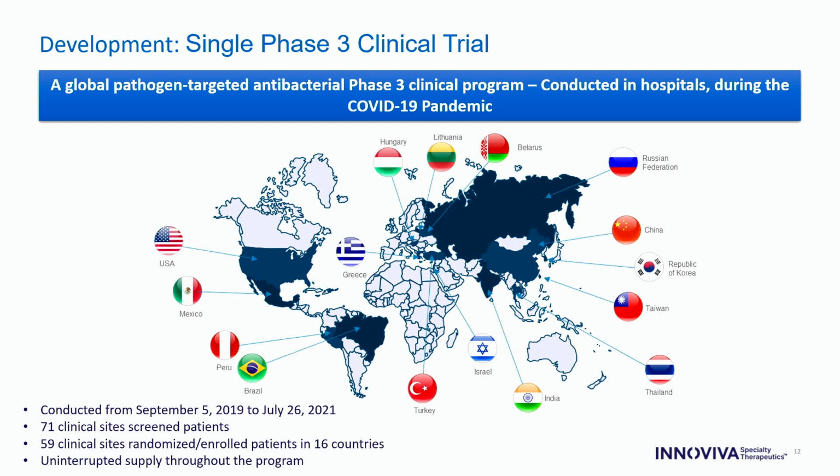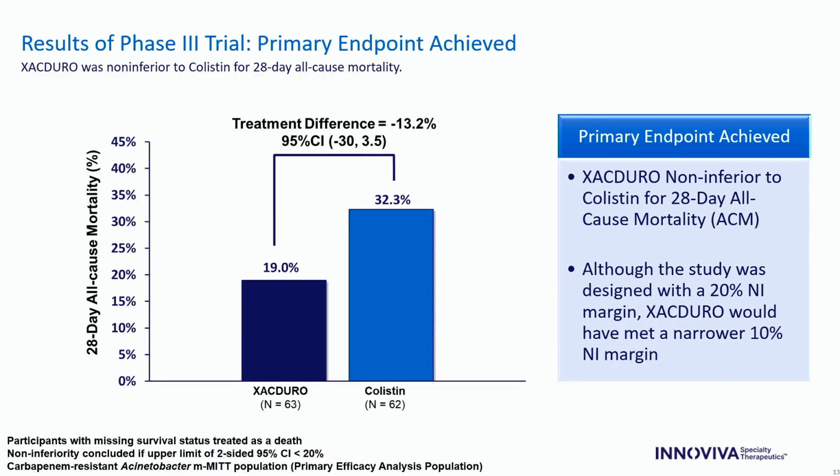I'll also add, we were able to continue supply, manufacturing throughout the study uninterrupted. And everyone's familiar with the supply chain issues that took place during this period. We're incredibly proud of the fact that we were able to complete this study in less than 2 years. Now on to the results.